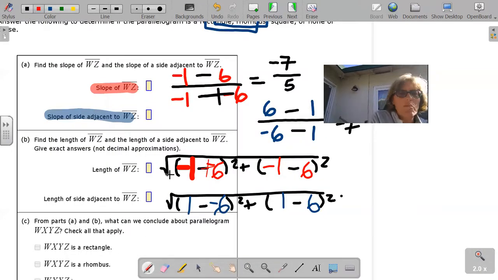Double negative makes a positive. That is going to end up being +6 minus 1, that's 25.